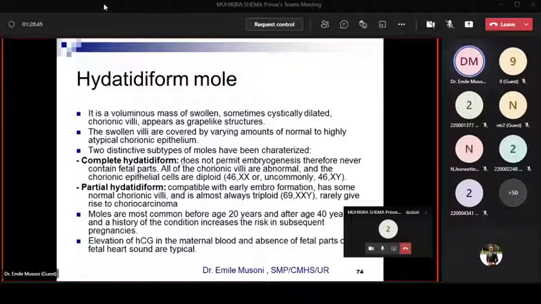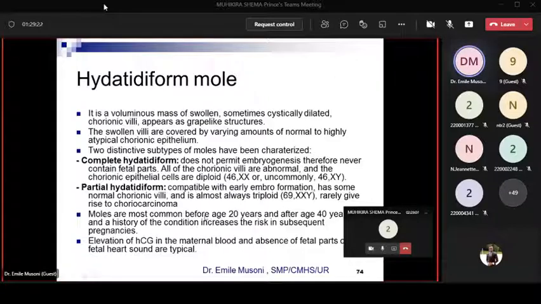A complete hydatidiform mole does not permit embryogenesis, therefore never contains fetal parts. All of the chorionic villi are abnormal, and the chorionic epithelial cells are diploid. Whereas a partial hydatidiform mole is compatible with early embryonic formation and has some normal chorionic villi, and rarely gives rise to choriocarcinoma.